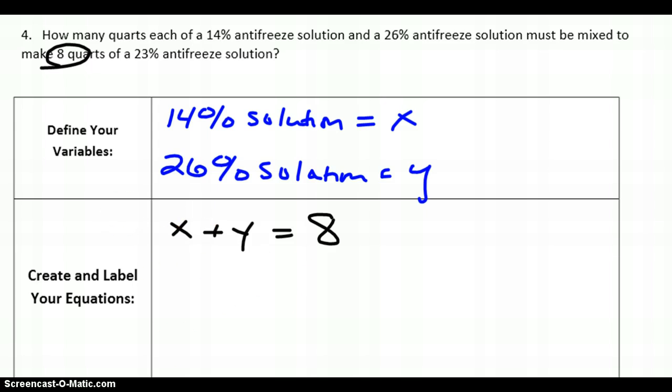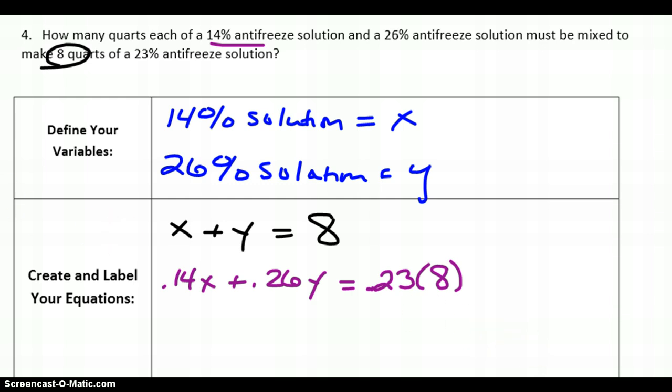Now for my mixture equation: 0.14 times x plus 0.26 times y. In both of these, it's the percent times the amount. So that's going to equal the percent I want to get, 0.23, times the amount I want to get, which is 8.